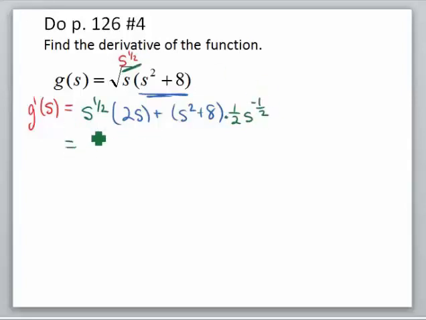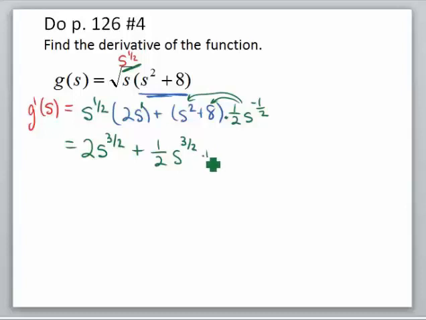So this actually gives me 2, this is 1, so I add those exponents together, s to the 3/2 plus, if I distribute this out, I'd get 1/2, negative 1/2 plus 2 is 3/2. That's what we do when we have something with the same base.